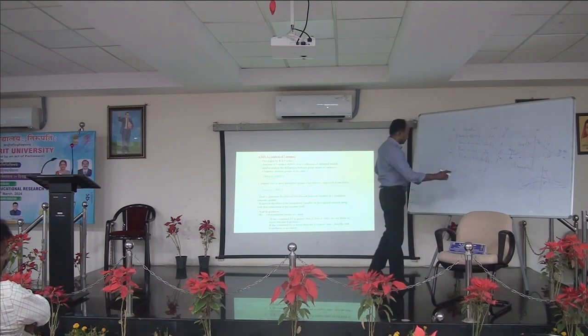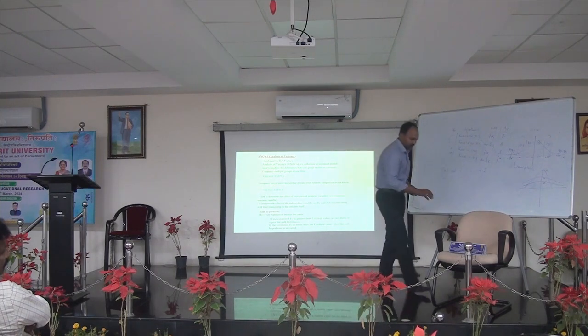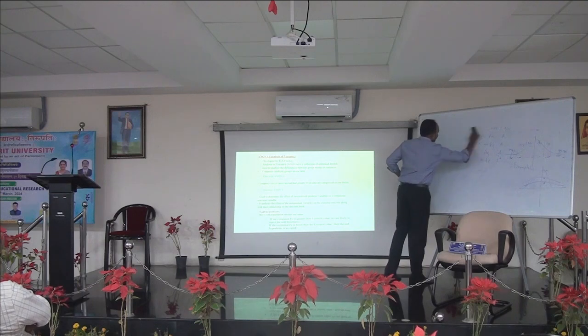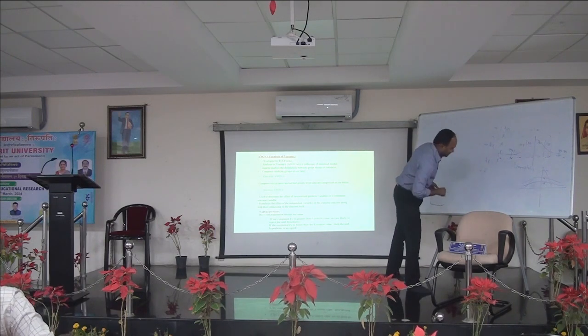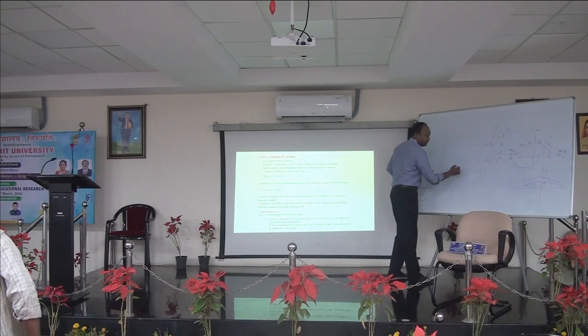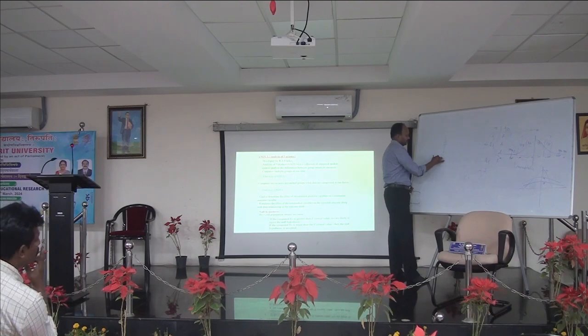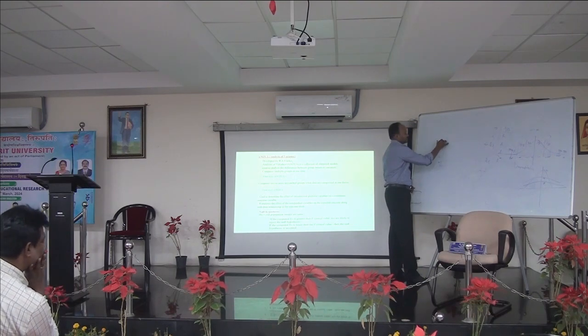So how to interpret it? You can see it is a graph. This is the level of achievement, say level of salary, maybe starting from 15,000 to 50,000 up to 2 lakhs per month.